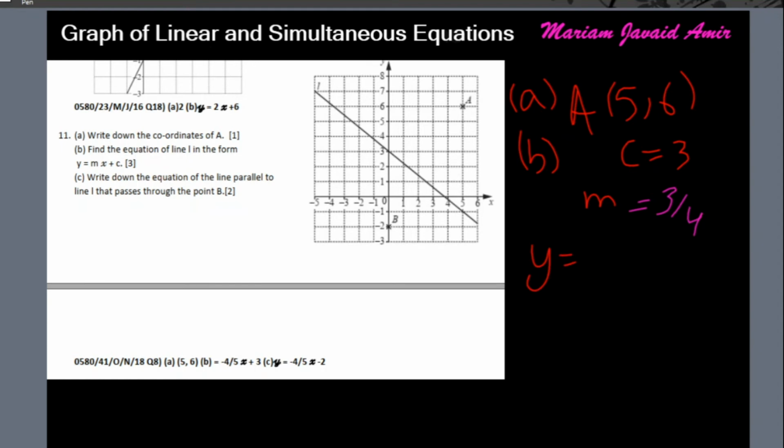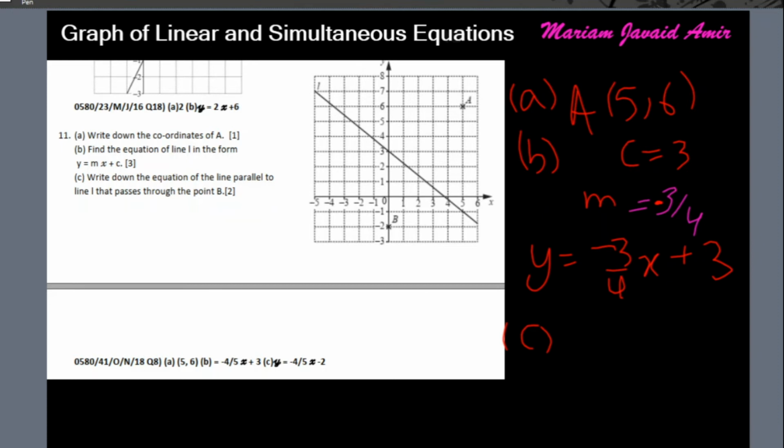Wait a second, alright, the slope will be minus 3 over 4, not positive 3 over 4, because it's a falling line, and remember, a falling line has a negative slope, a rising line has a positive slope. So it's y equals minus 3 over 4 x plus 3.